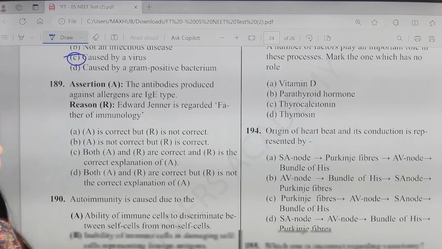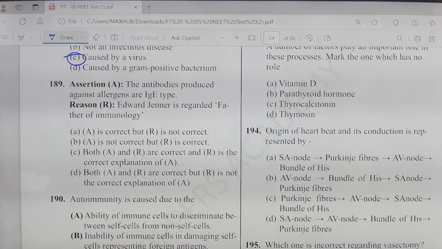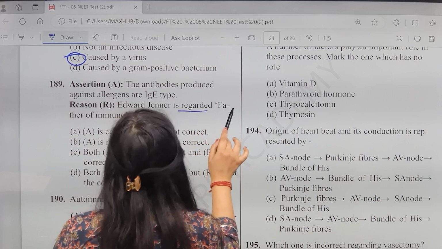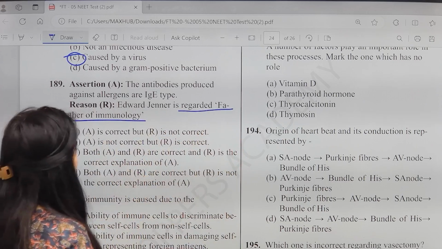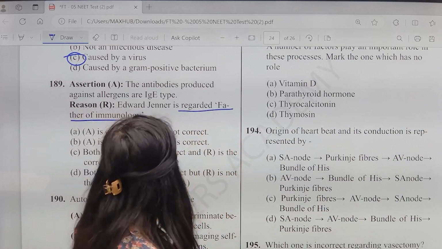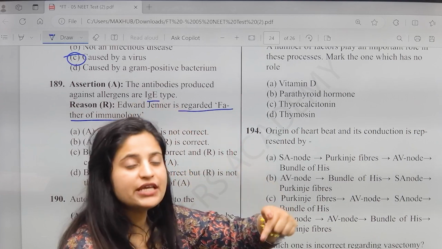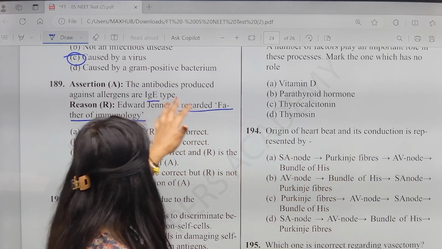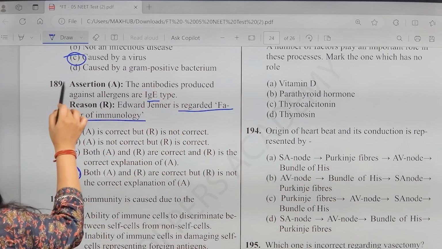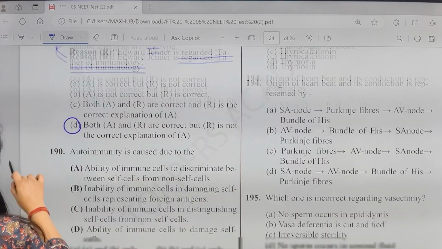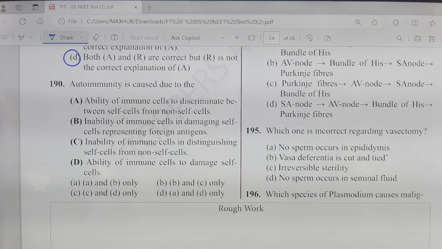The next is: antibodies produced against the allergens are IgE type, and Edward Jenner is regarded as the father of immunology. Both assertion and reason are true, but they are not talking about the IgE function and how it works. Okay, so the reason is not satisfactory for the assertion. Autoimmunity is caused due to, what is autoimmunity?